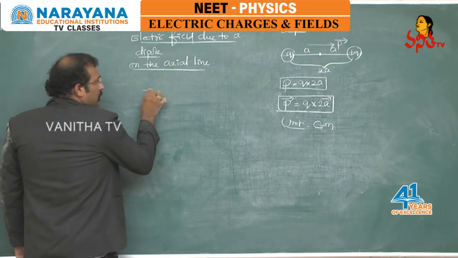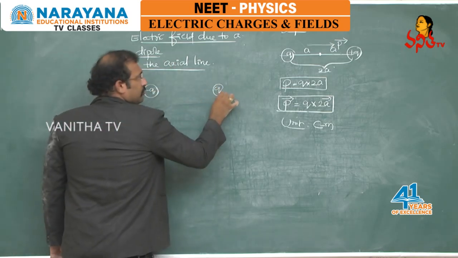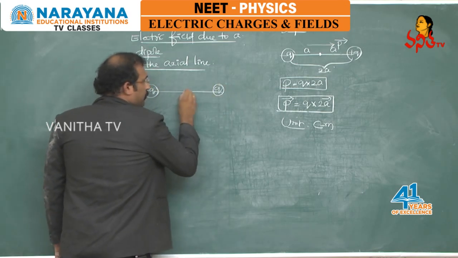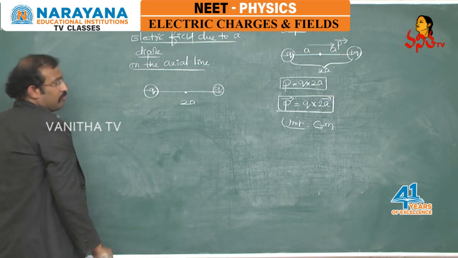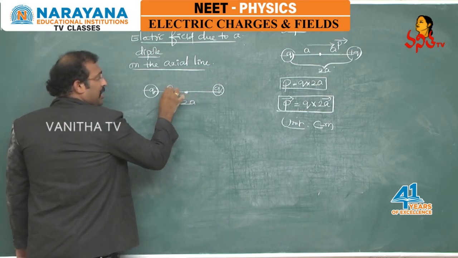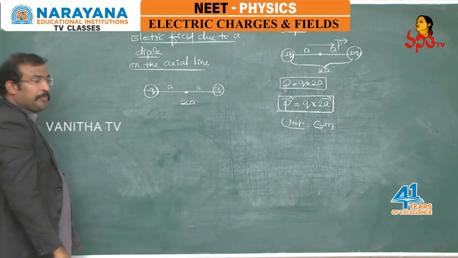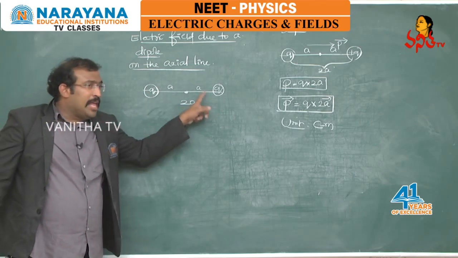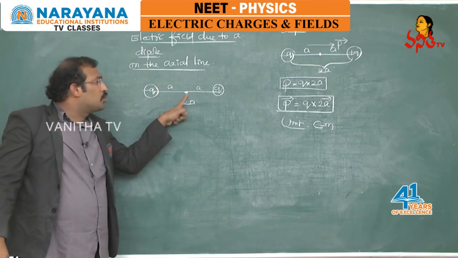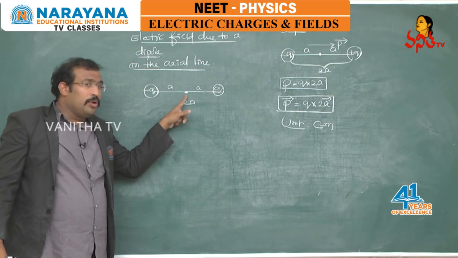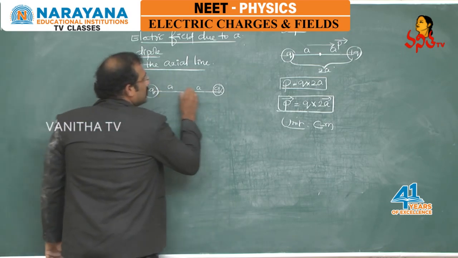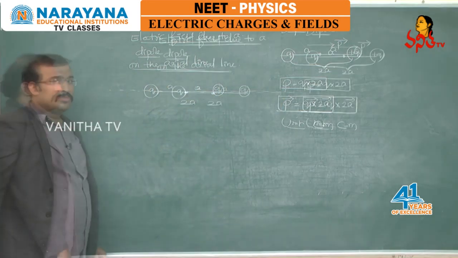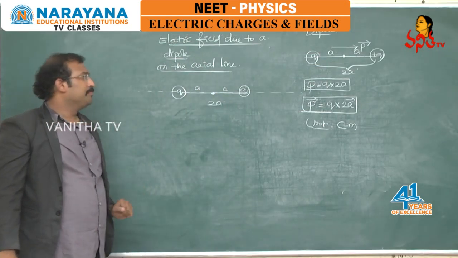Let us see. Take a dipole of dipole length 2A, whose distances from the center of the dipole are A and A. Axial line is a line that passes through the center of the dipole along its dipole length. This is the axial line.